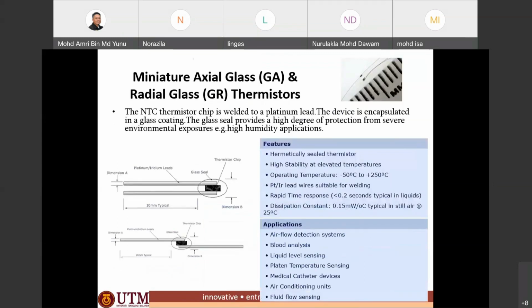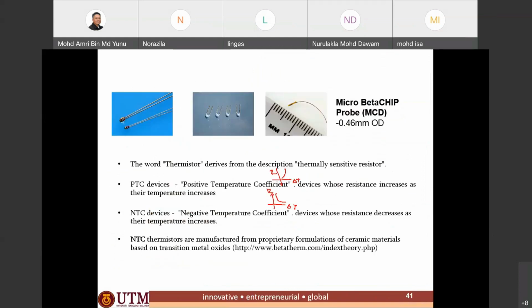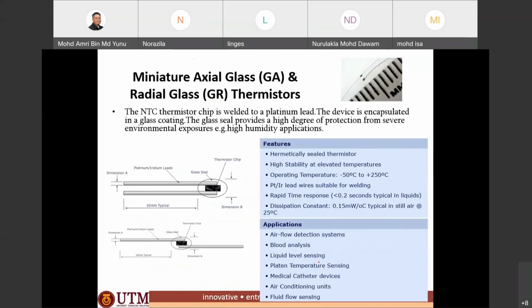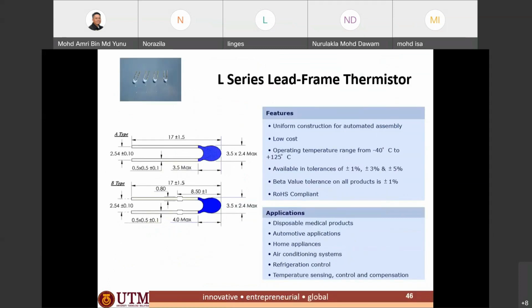These are the constructions for you to look into. For example, this NTC thermistor, negative temperature coefficient thermistor, is basically sealed with glass at the tip. This one is the same material as a common passive capacitor.